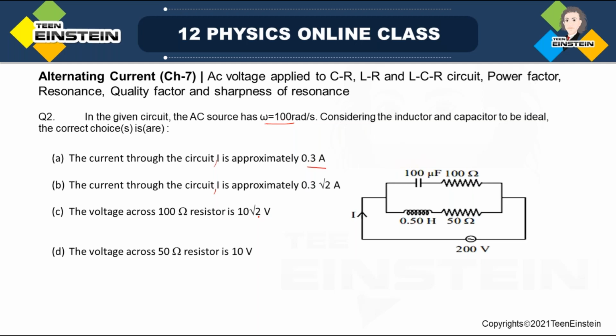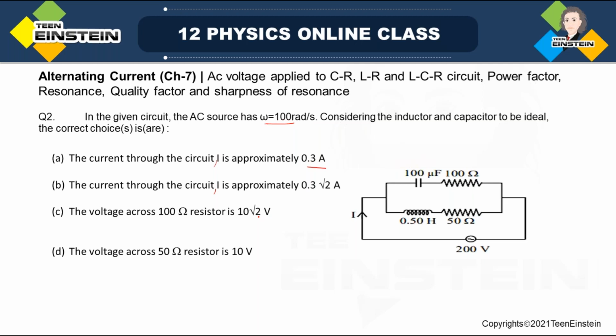So we have to find out. See, this is a question where more than one answer could be correct. More than one answer will be correct. So we have to actually see all the options, whether they are correct or wrong.